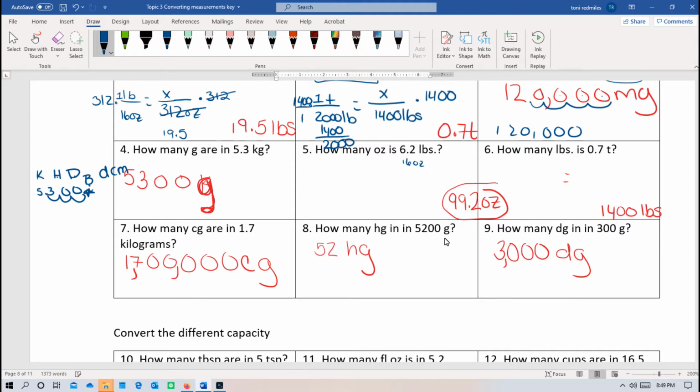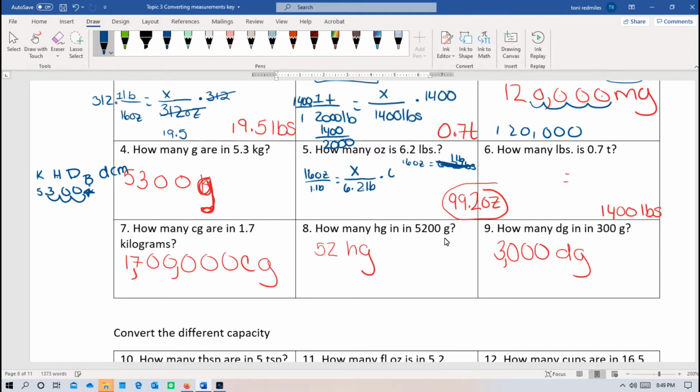Alright, in this one I need to know my conversion. That's 16 ounces equals 1 pound. Alright, so I already know that 16 ounces equals 1 pound. And since ounces is what I want to know, I need to put that on top. And I'm going to put my pounds right across from it because I've got to compare same unit to same unit.